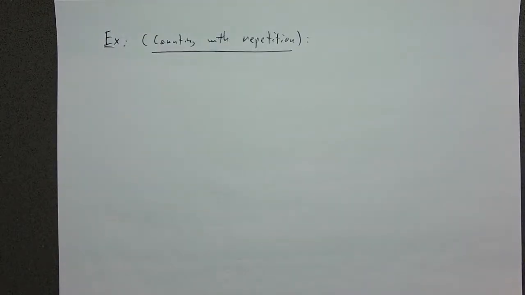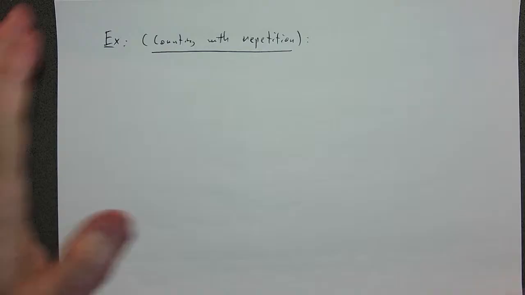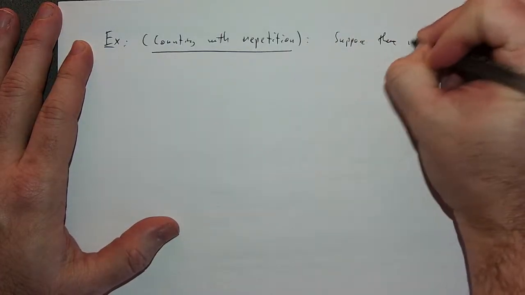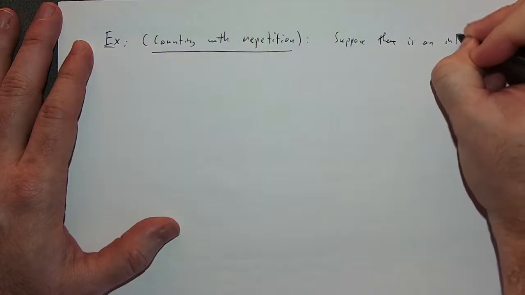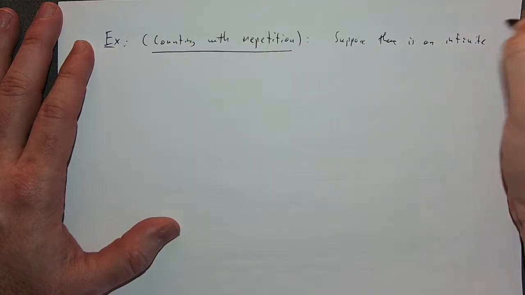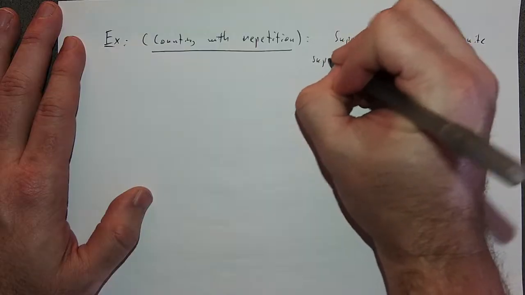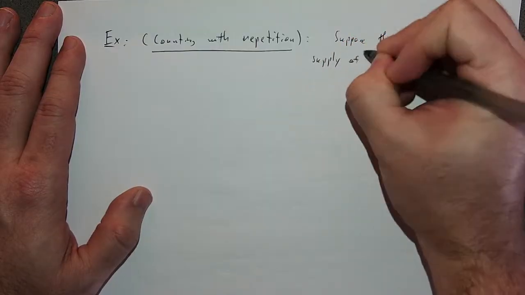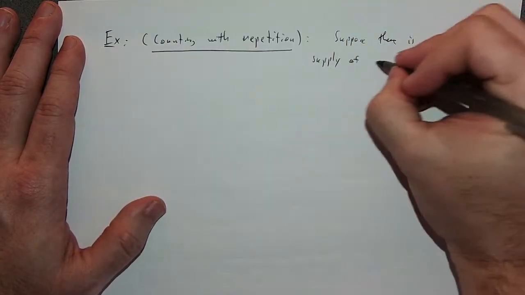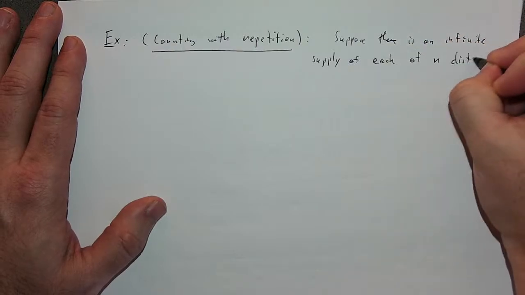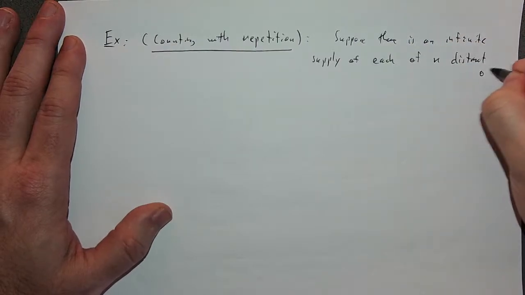So what do I mean here? Suppose there is an infinite supply of each of n distinct objects.